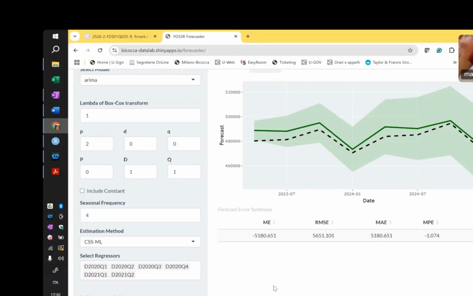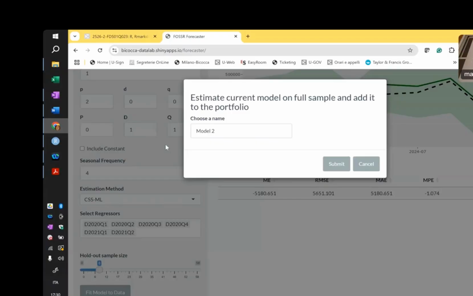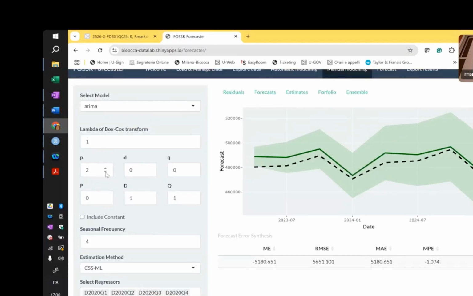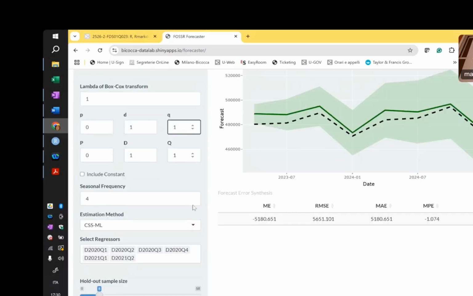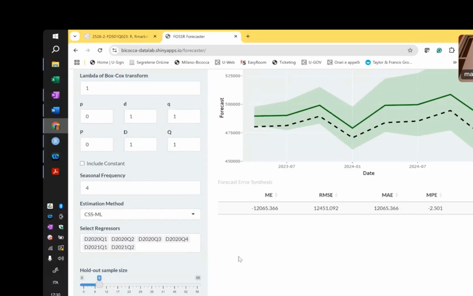So, for example, I can say this as an ARIMA 2 model. It's a model that works well in many situations, this (0,1,1)(0,1,1). In this case it's not that good, but normally it does.